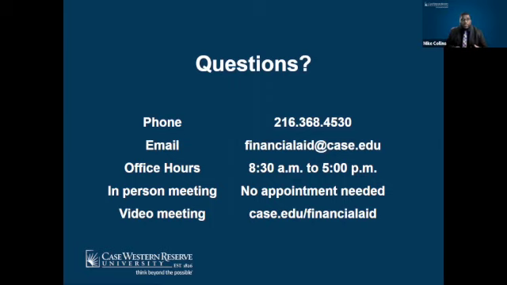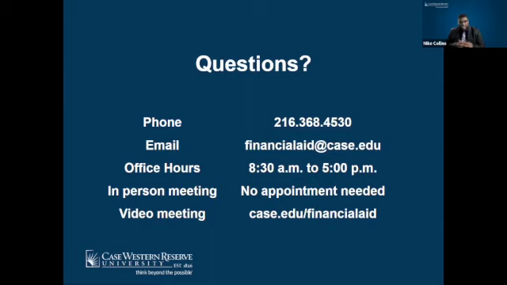That's where appealing or sending information for a reevaluation will come in. Going to the main financial aid website, case.edu/financialaid, there's a tab at the top that says For Undergraduate Students. If you click on that tab, you'll see a link for how you can appeal or submit information for your financial aid.